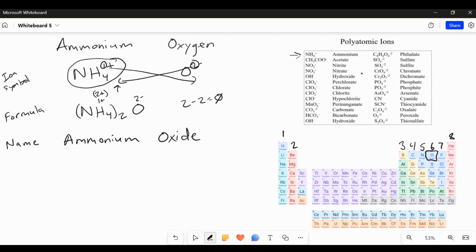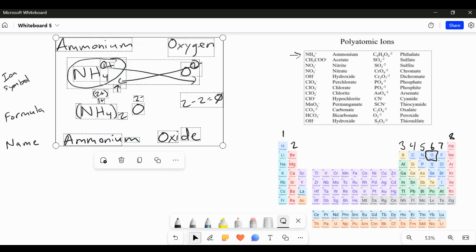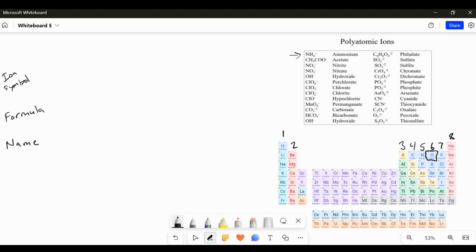Now, sometimes the parentheses right here can be a little confusing for people. Okay? It's kind of hard to visualize this. So let me approach a similar problem in a slightly different way, and maybe this will help you out. Okay? Let's say I had calcium and acetate.